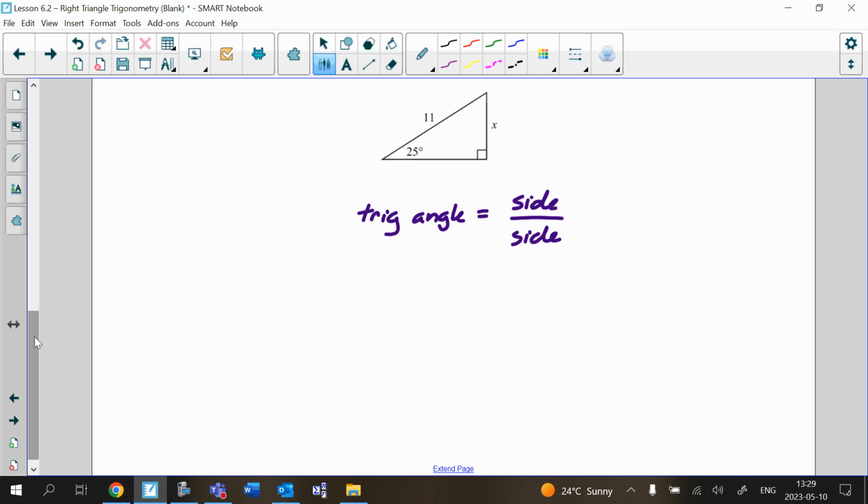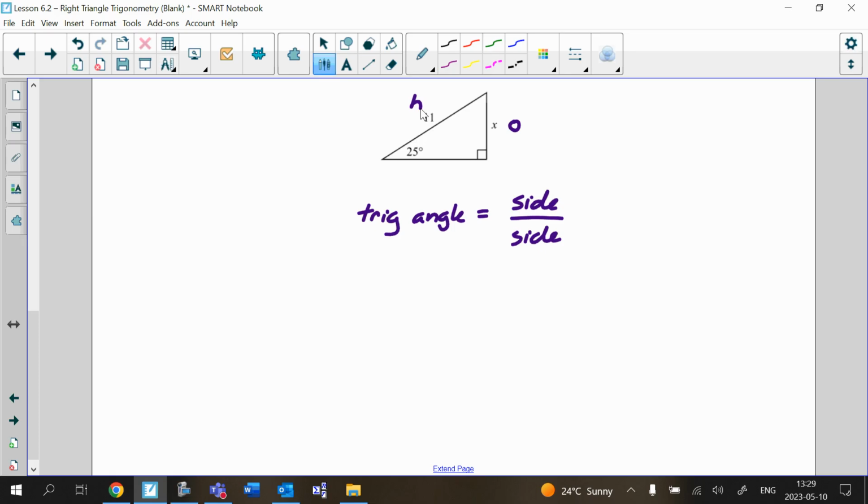What's the name of this side that I'm trying to find? Like the name of it, opposite, adjacent, or hypotenuse? From 25. Opposite side. What's this side length? Hypotenuse. So opposite and hypotenuse tell me I have to use sine.